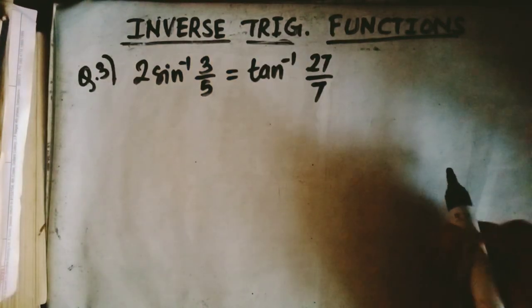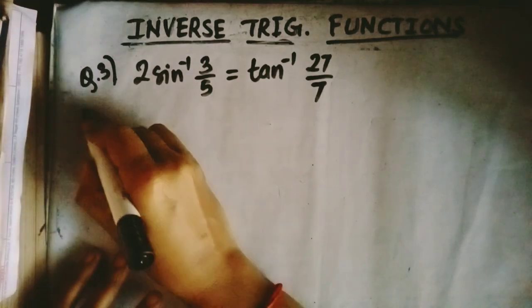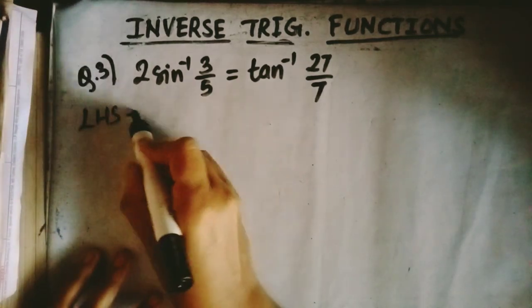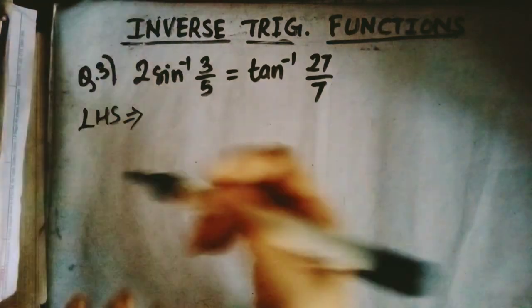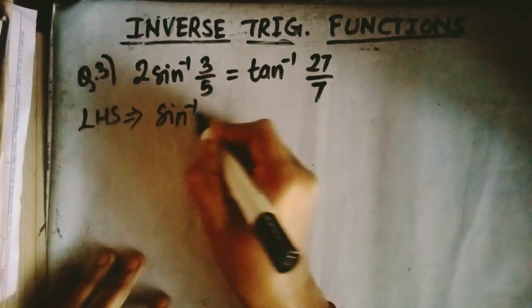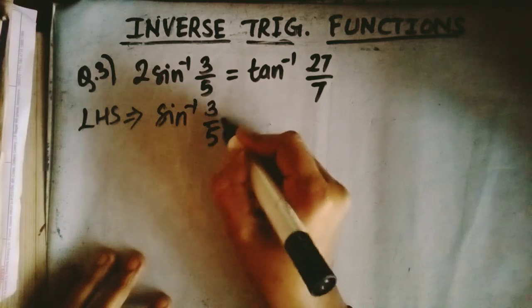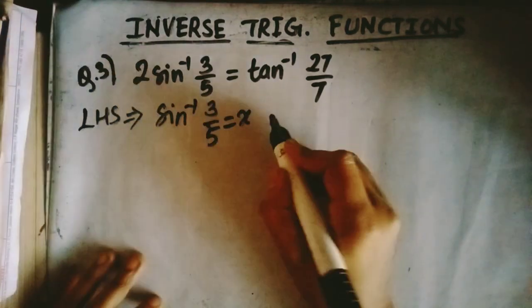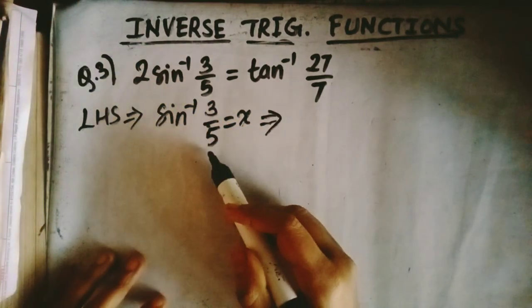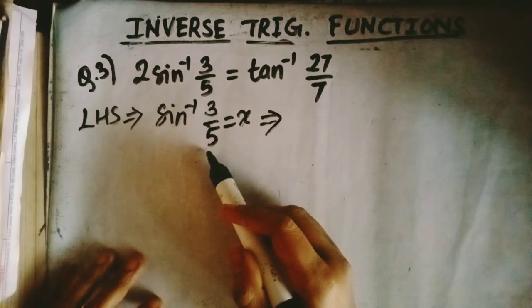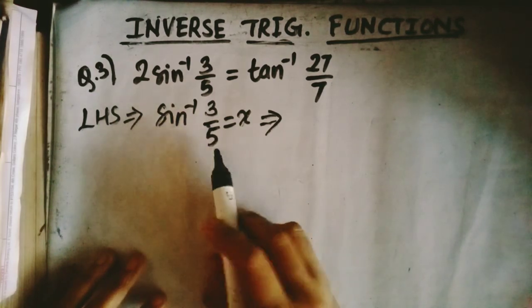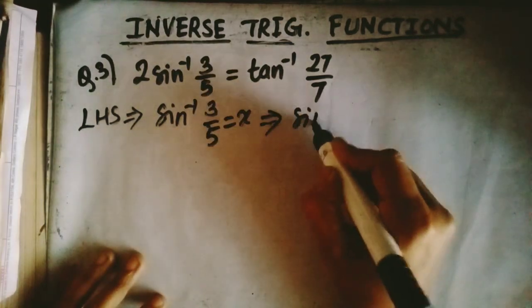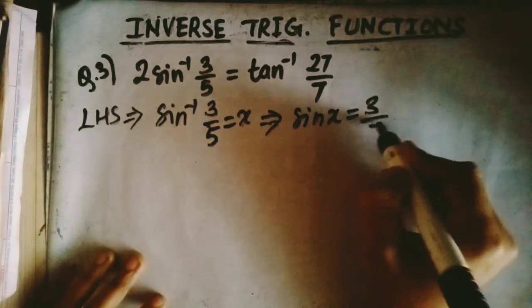Start with LHS. Same way, you have to put sine inverse 3 upon 5 as some x. Using the triangle method, you have to find tan inverse. So sine of x equals 3 upon 5.